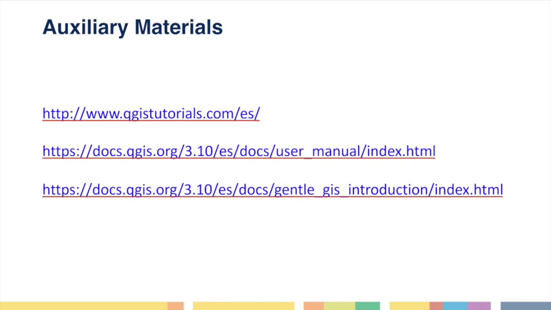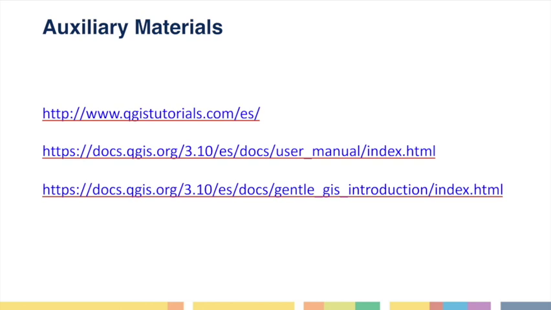We also have a lot of auxiliary material. This is one of the biggest advantages of QGIS. It's open source software, it's free, and it has a very large and strong community where you can find every type of help you require.